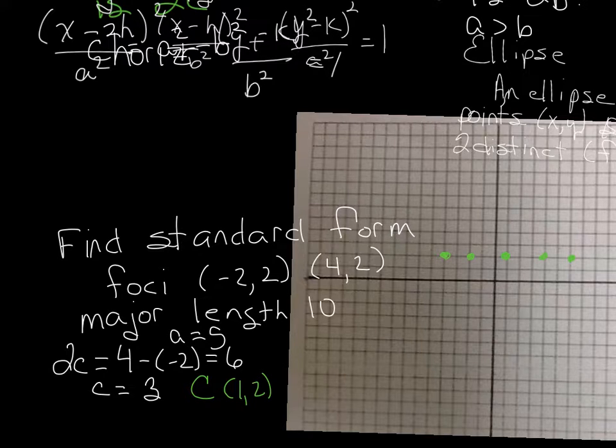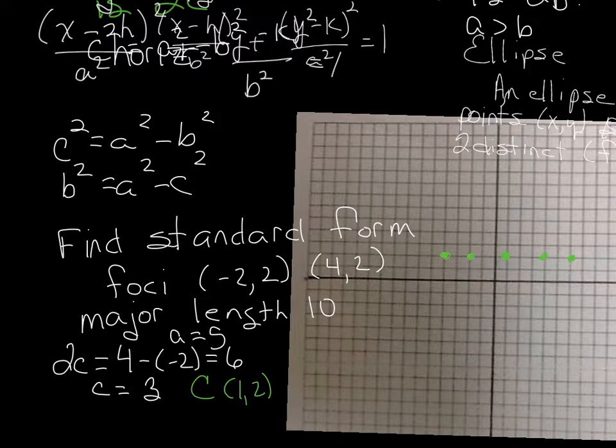Can we find b? It's 4. How'd you get 4? 5 squared minus 3 squared equals 16, and the square root is 4. Okay. If c squared is equal to a squared minus b squared, I can add b squared to both sides and subtract c squared, and use this formula to find b squared.